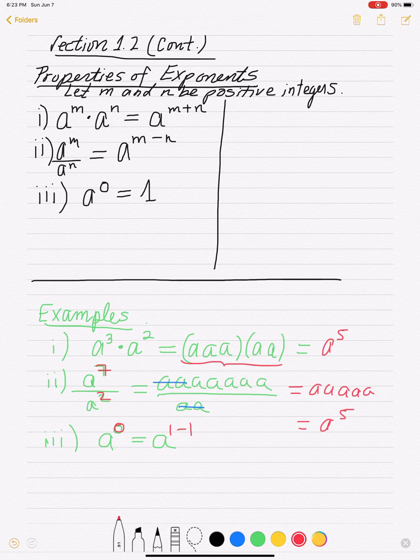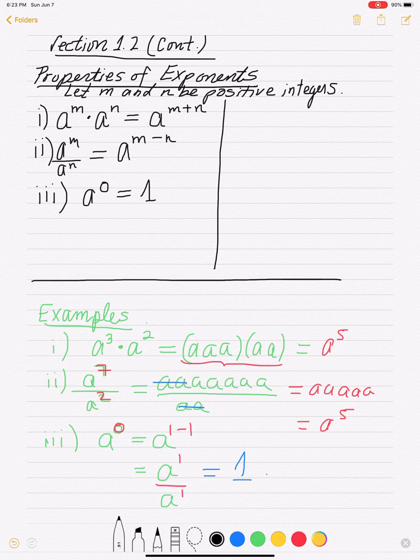Now, if I use property number 2 in reverse, that would be a to the 1 over a to the 1. But wait a second, what happens when you take anything over itself? You just get 1. A to the 1 over a to the 1 is 1. There you have it: a to the 0 is 1. That's the rationale behind that.